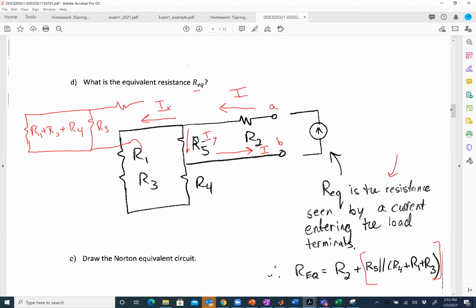This branch over here is as far away from the ports as I can get, so I start my simplifications there. R1, R3, make that really clear, R3 and R4 are in series. They are in parallel with R5. That combination of stuff is in series with R2.